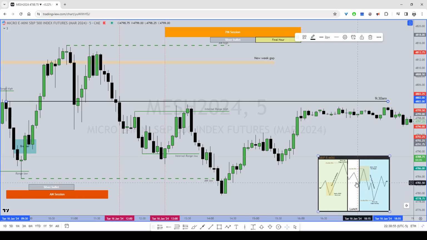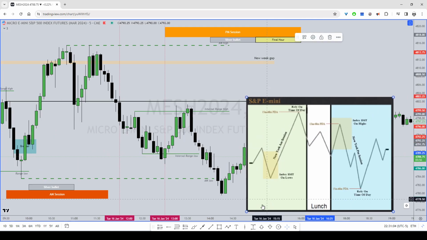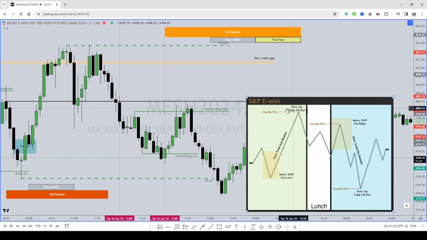And digging deeper on this, I want to also look at the lunch price action. I'm looking for internal range liquidity, where price will take the low, take the high, but stay within the AM range high into a 15 or 60 minute PD array.